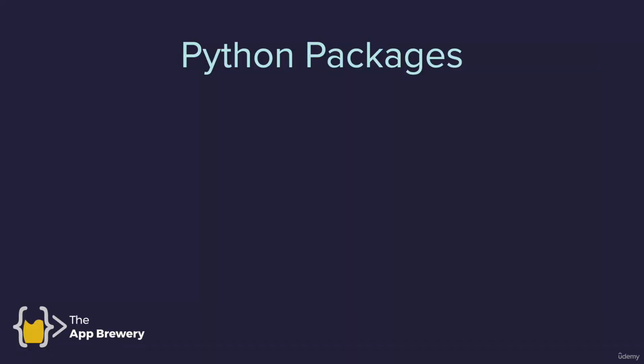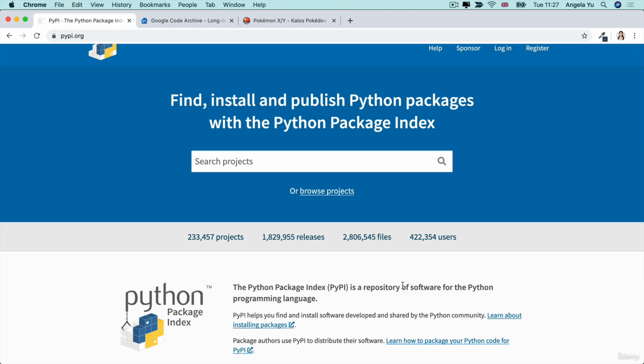Now, I've mentioned a lot about using code that other developers have written, and the most common way to do this is through using packages of code. In this lesson, I'll show you how to integrate an existing package of code into our project so that we can practice creating objects and working with attributes and methods.